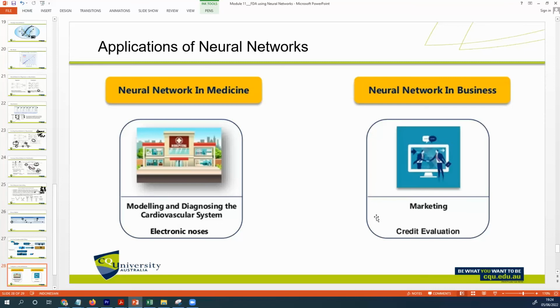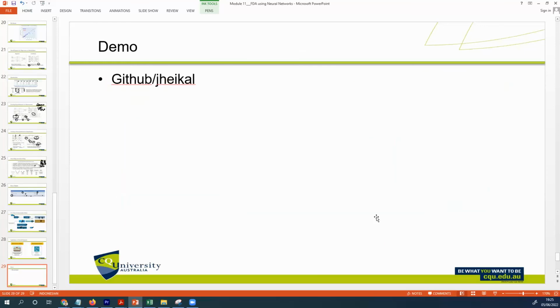What is the result? This mostly uses neural networks. In marketing and business, such as credit evaluation, neural networks are also one of the cutting-edge models because of the high accuracy they offer.